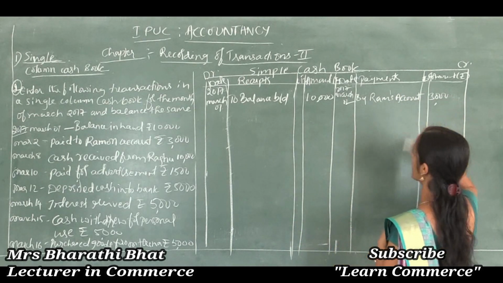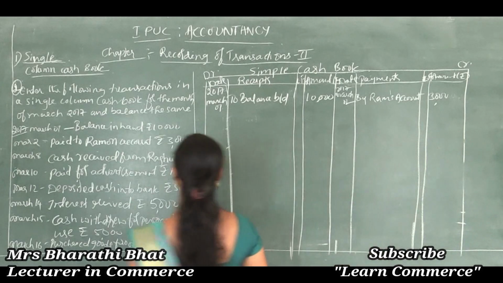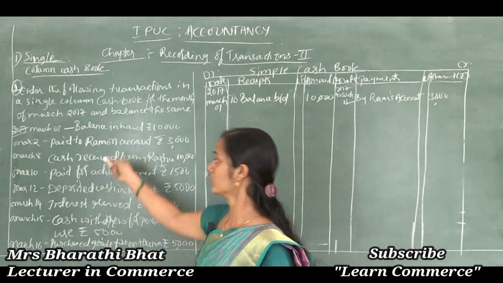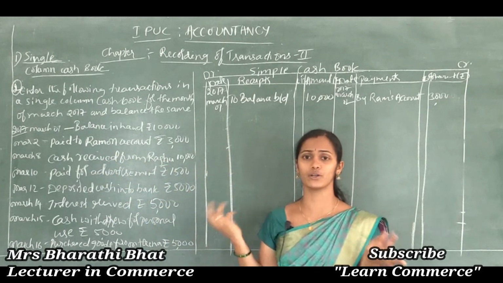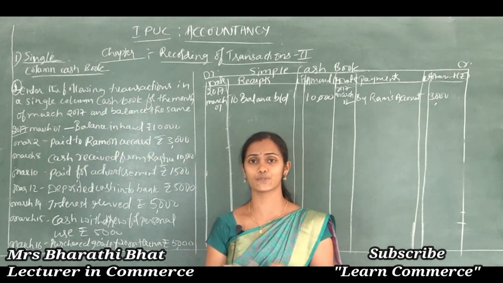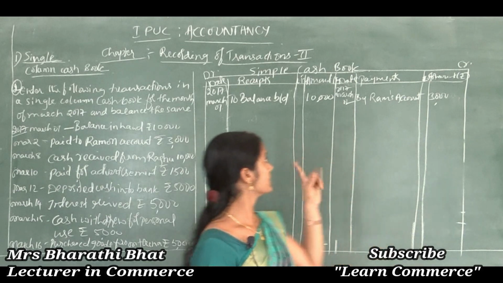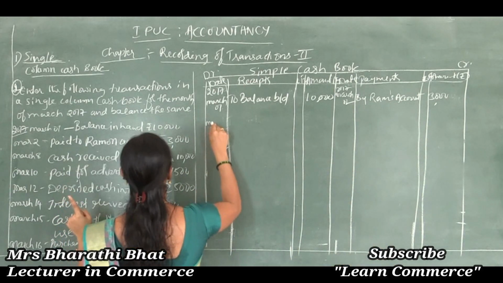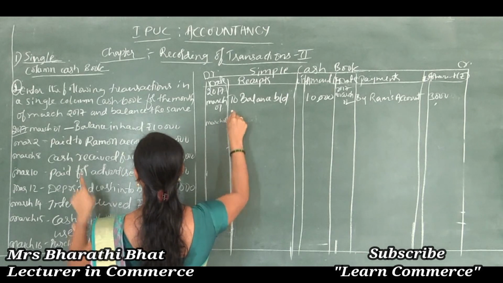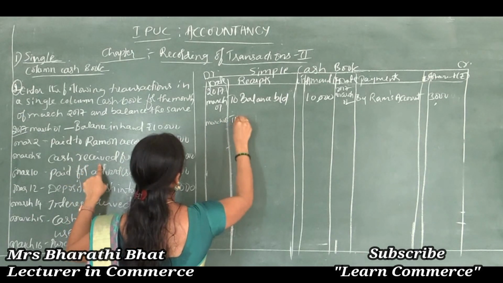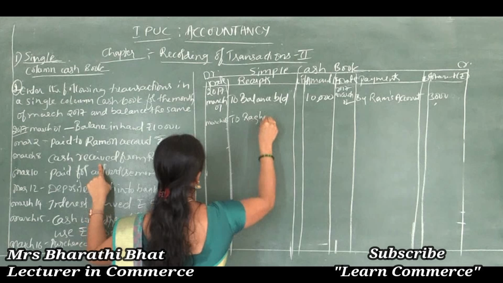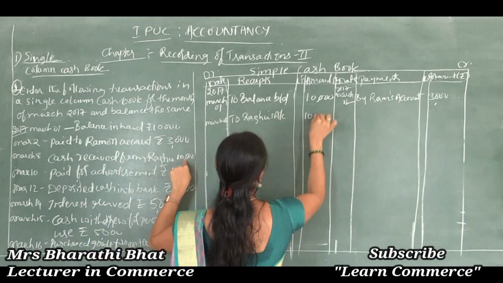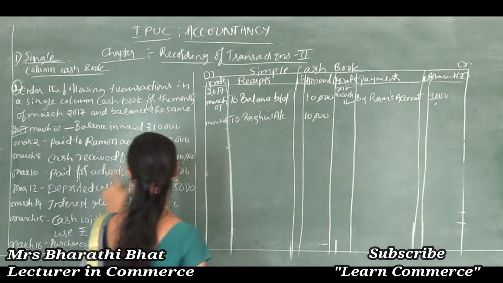So by Ram's account rupees 3000. And the next one, March 8th, received from Raghu. Cash received from Raghu. Very simple. Receipts we can record under the debit side of the account. So how can we record it: March 8, cash received from Raghu, to Raghu's account. Correct, right? To Raghu's account. Write the amount in the amount column.